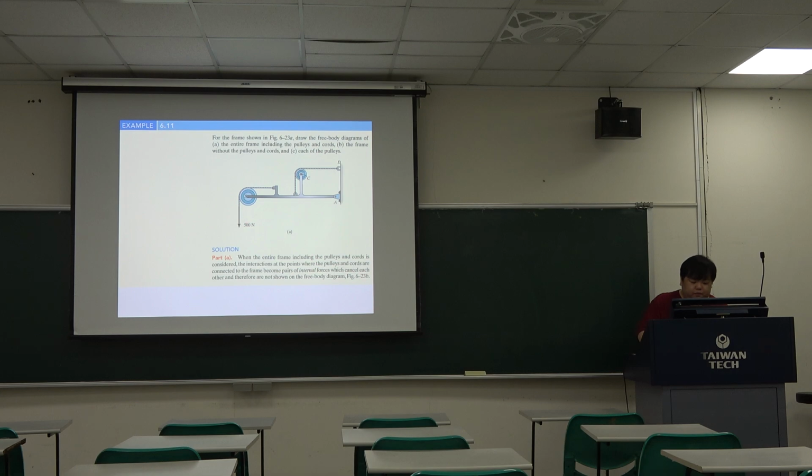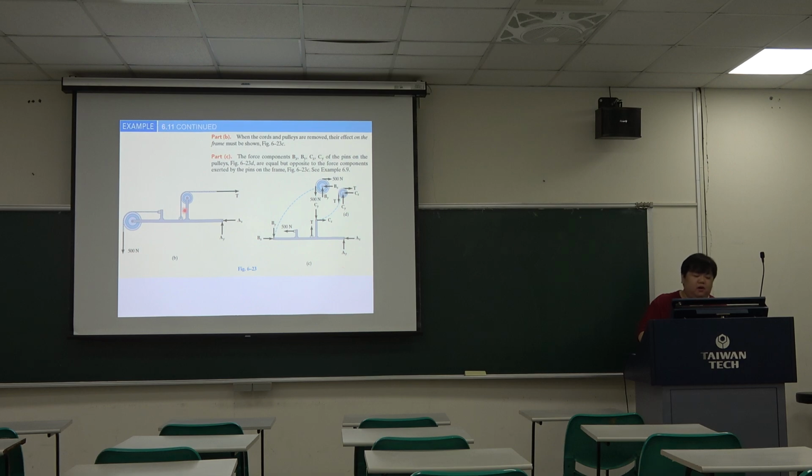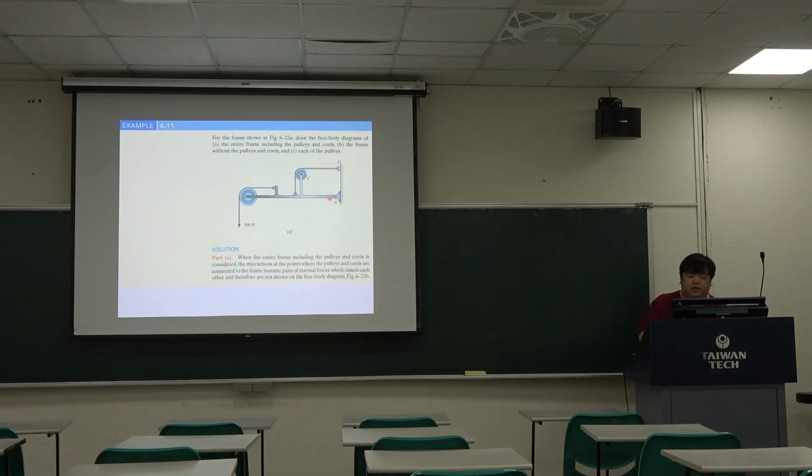Okay, so I think the entire frame is very easy to do because we don't care about the internal force of each part. Okay, we have the pin support here, and we have the cable support here. We have one force here, and this entire frame we can see like one object.